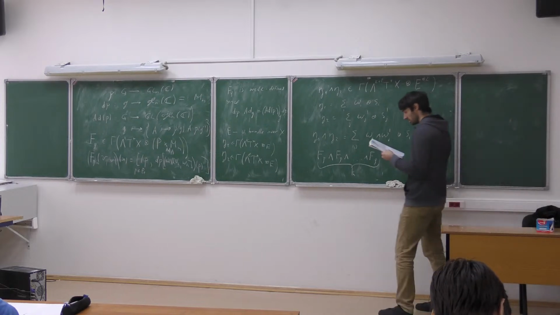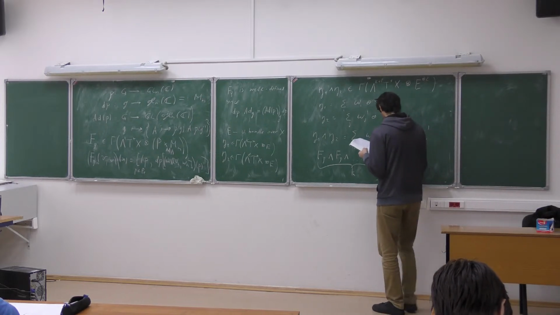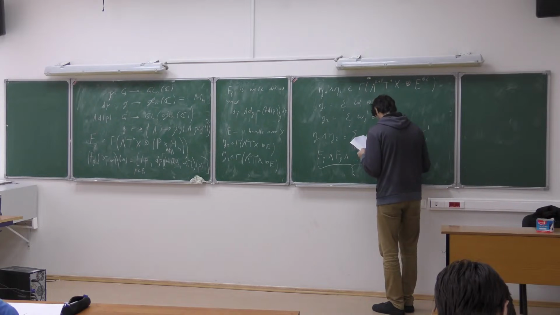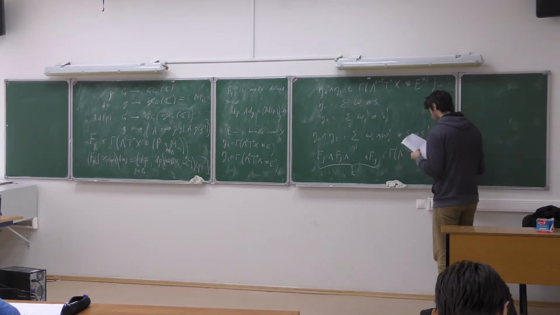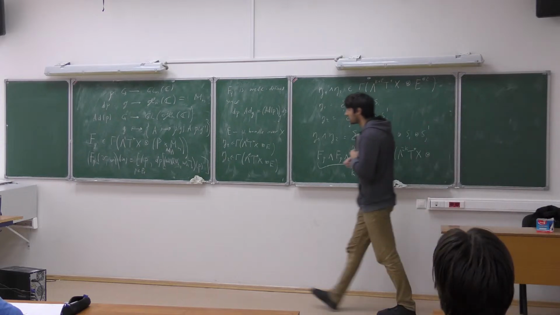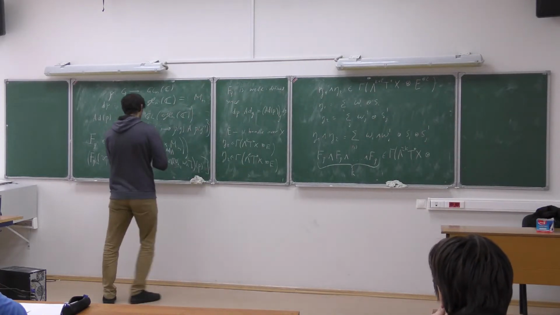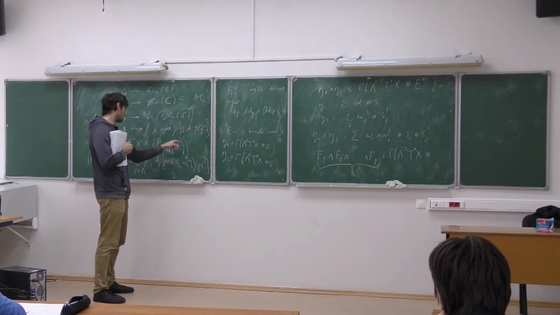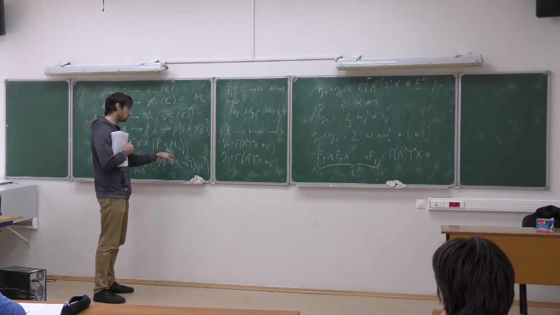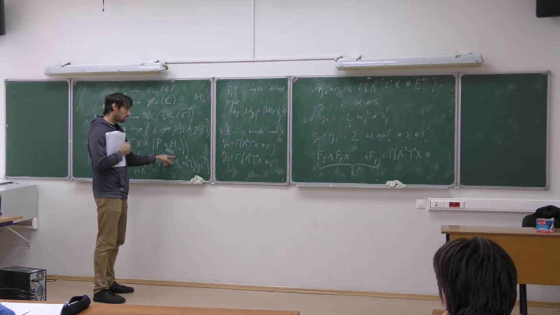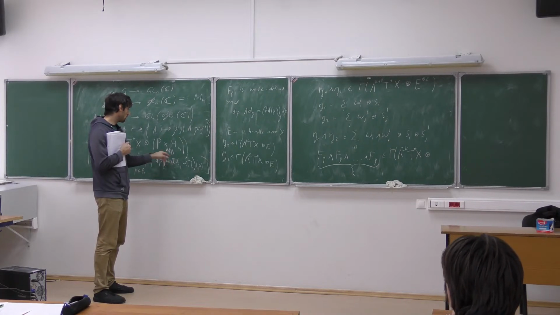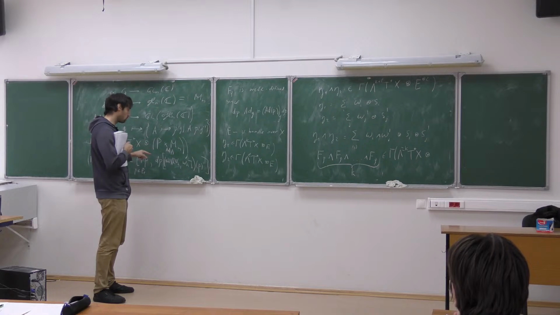So this lives inside the sections of lambda 2k T star X tensor, actually, the k-fold tensor product of this, right? But actually it will live inside the symmetric tensor.